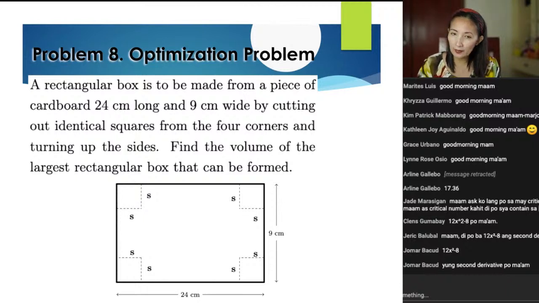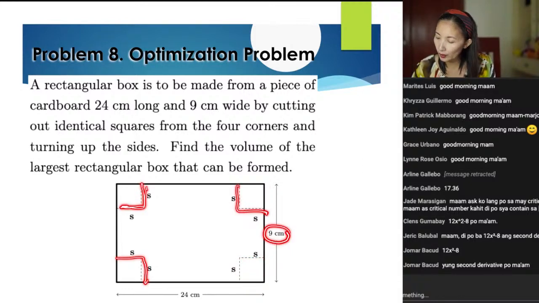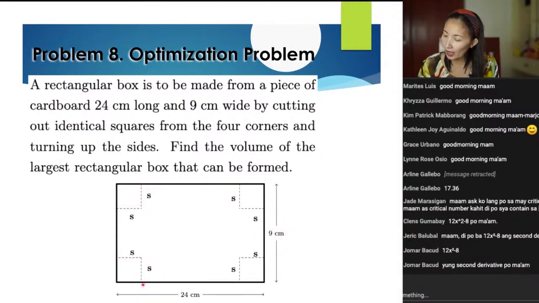Out of this, you have a cardboard, which is 24 centimeters long and 9 cm wide. And then after that, you cut out 4 squares, because from each corner. So if you cut out, this will no longer be 9 cm and the length will not be 24 cm anymore because we will cut this out.